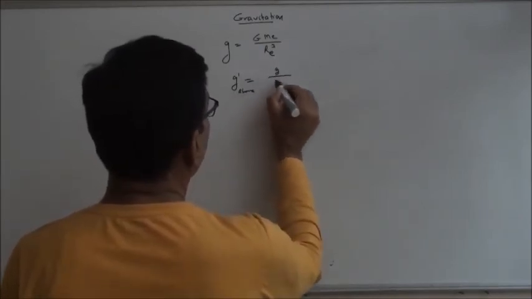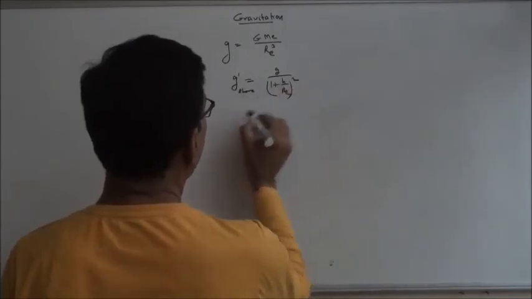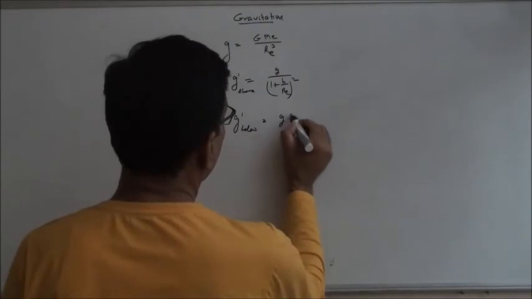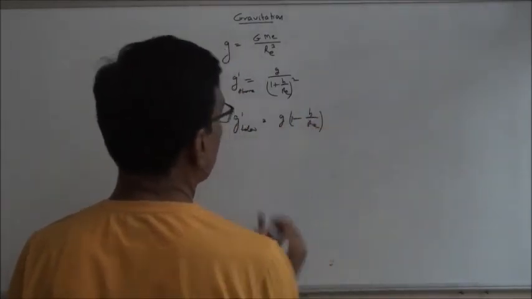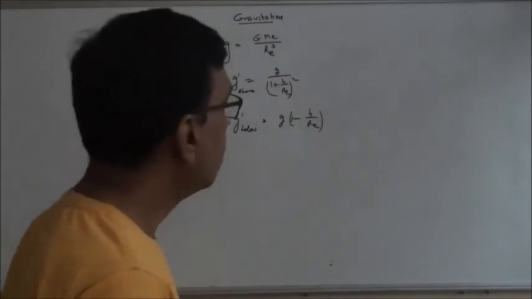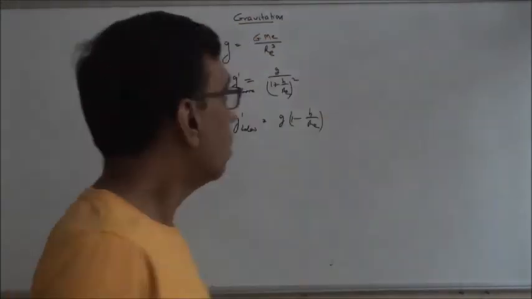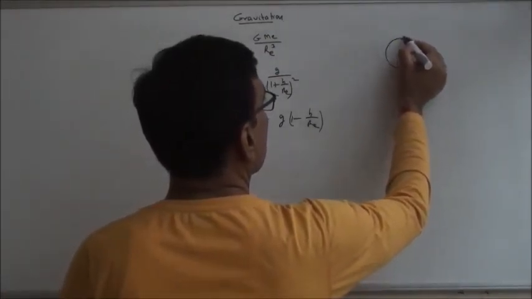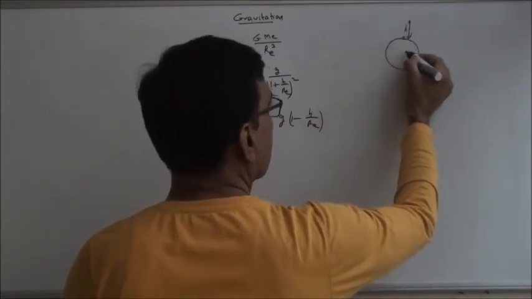It is g upon (1 plus h upon Re) square, and g below the earth's surface, it is 1 minus h by Re. Sometimes we are given, I have taken h from the earth's surface. From here I have taken h, or from here I have taken depth.